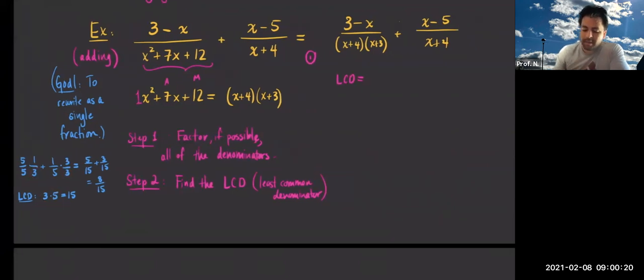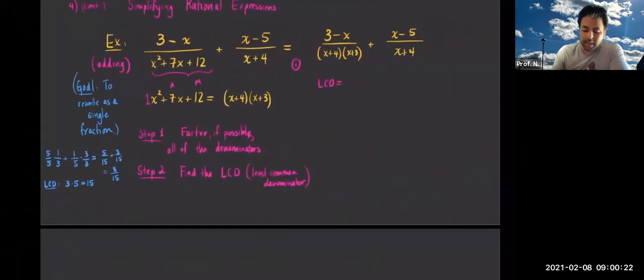So in this scenario, the LCD here, if you notice, the x plus 4 is in both of these. So that's definitely part of the LCD. Definitely x plus 4. Now the issue is this x plus 3 only exists in this denominator, but not in this denominator. So we start to see that the denominator here is missing the x plus 3, which makes x plus 4 times x plus 3 the LCD.